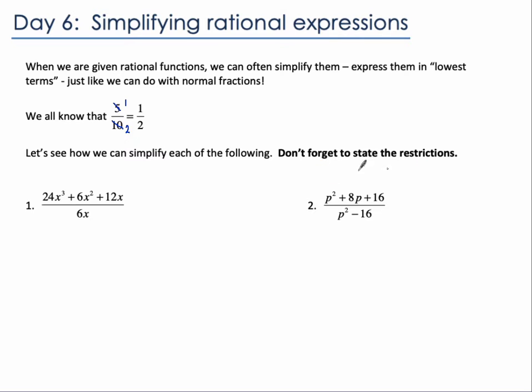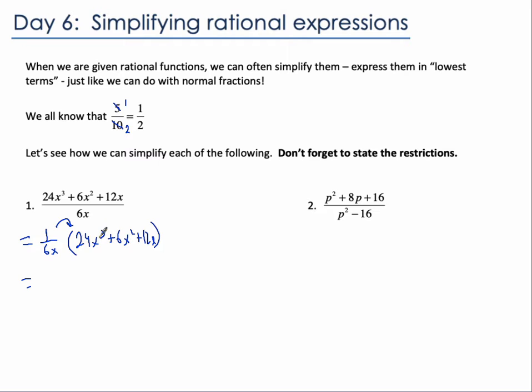If you look at this one here, you have one term in the bottom, so you can split this into 3 terms by dividing everything by 6x. It's kind of like 1 over 6x times 24x cubed plus 6x squared plus 12x, and then you distribute it.